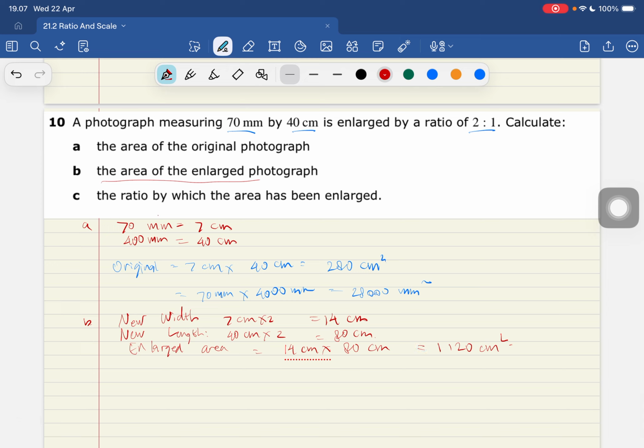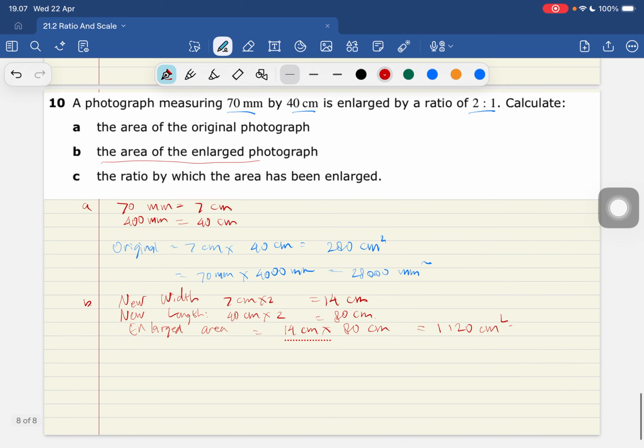Okay, the ratio, the area of enlargement ratio. Remember the area ratio that we have learned: the area ratio is equal to the linear ratio squared. Here we need to remember.